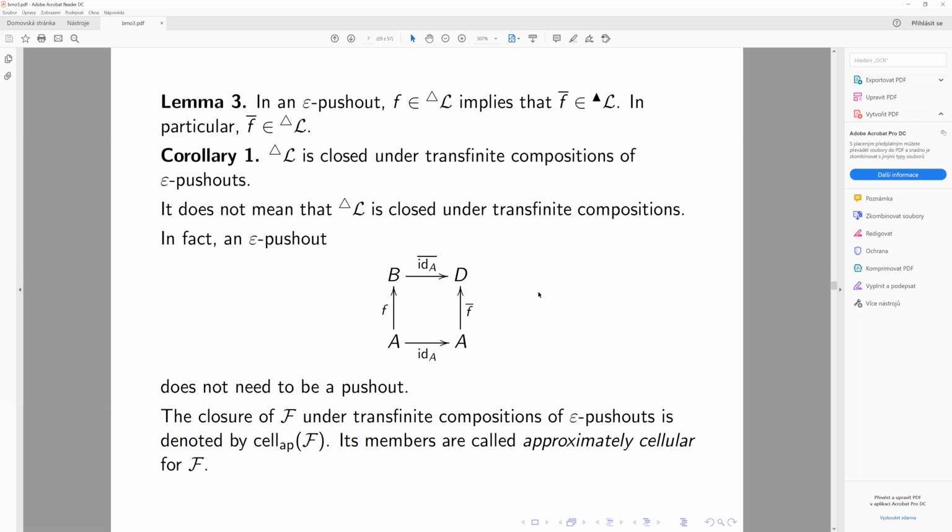And why it's natural is that if you are in enriched categories, like Banach spaces, then approximate lambda smallness with respect to F is the same thing as saying that this hom functor preserves lambda transfinite compositions of approximately cellular morphisms for F. So you see these two conditions in some sense exactly describe this directed colimit in Banach spaces.